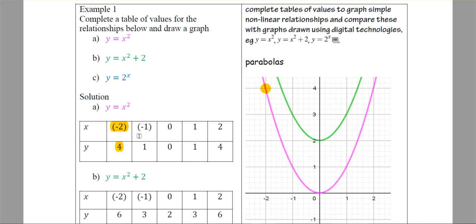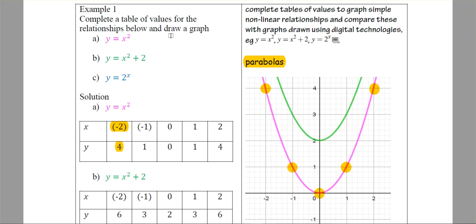So this point here corresponds to here. -1, 1, across -1, up 1, goes there. 0, 0 is here. 1, 1, across 1, up 1, and 2, 4, across to +2, up to 4, and then we draw a curve in between the dots, which actually gives us a parabola. So you might like to pronounce it as parabola or a parabola.